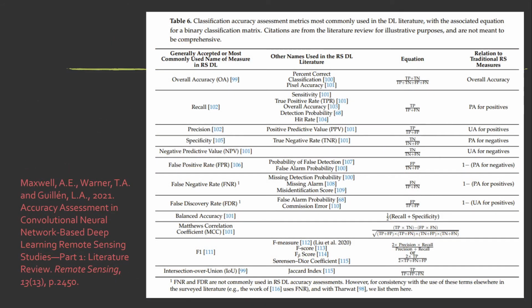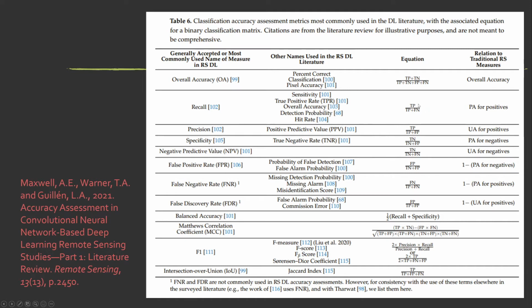Okay, this is a table from this publication that summarizes this. So some of the common assessment metrics. There's more in here that we're not discussing, so I'm just discussing the common ones. Again, overall accuracy in terms of the binary assessment metric terminology is basically true positive plus true negative divided by everything, so all true and all error.